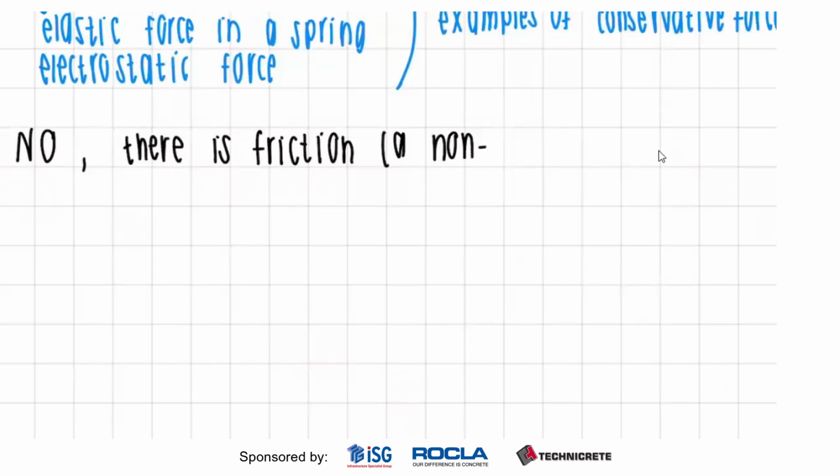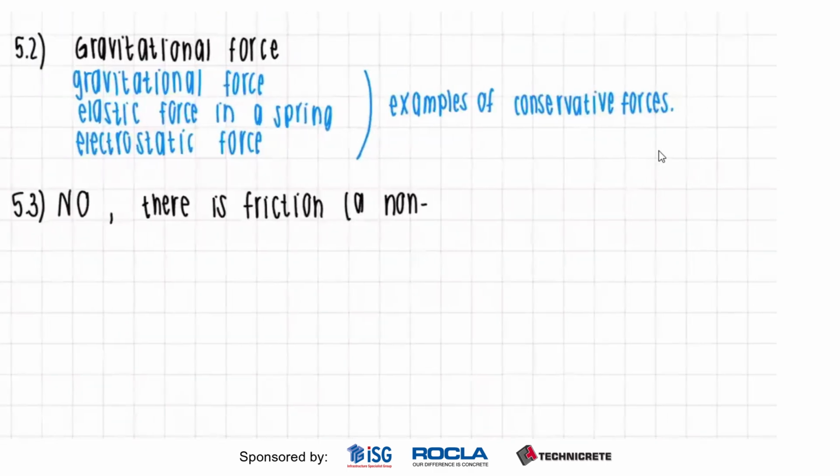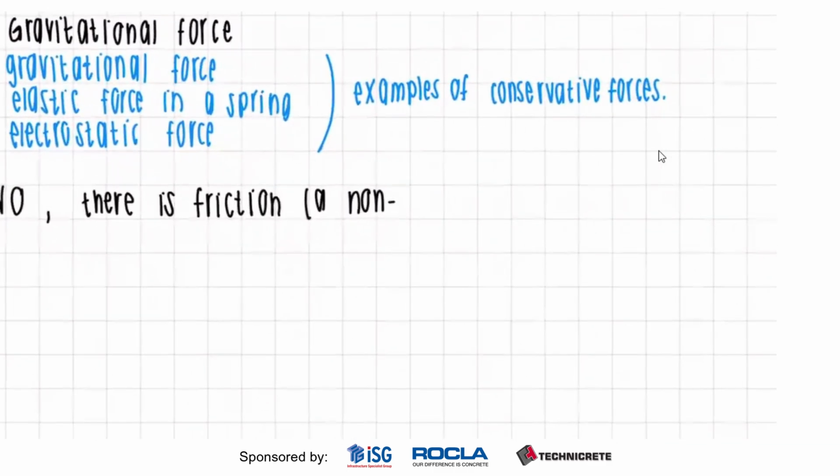If there was a conservative force, for example, gravitational force, elastic force, or electrostatic force, and that was the only force acting on it, then you would say yes, mechanical energy is conserved because only conservative forces are acting on the object. But we have non-conservative forces acting on this object, and our non-conservative force acting on it is friction.